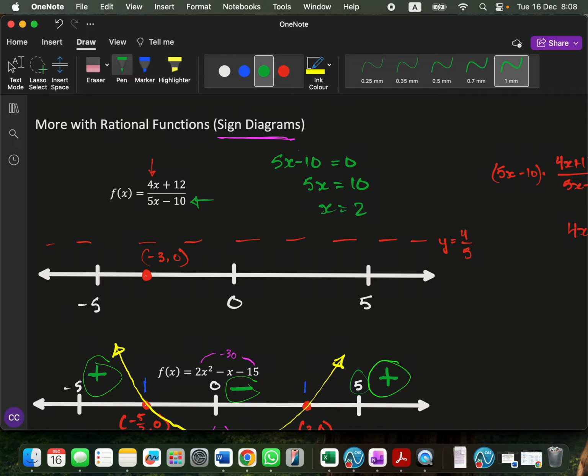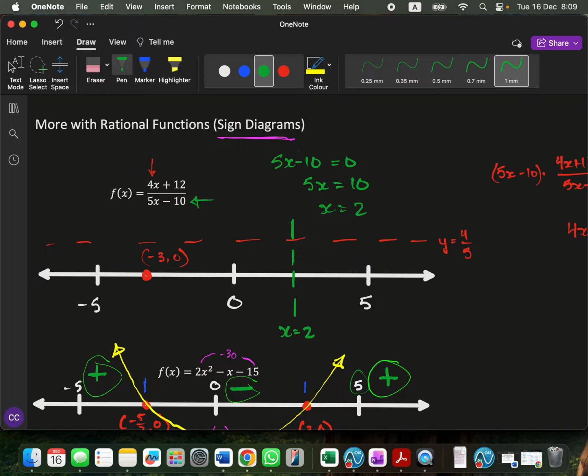So we're going to deal with our vertical asymptote just by sketching in a dashed line that signifies that this is an asymptote at x equals 2. Now we just got to figure out what this thing is doing. I know that it crosses there.